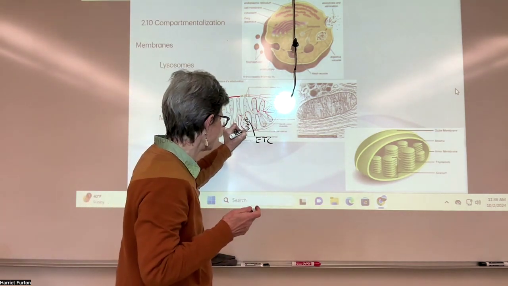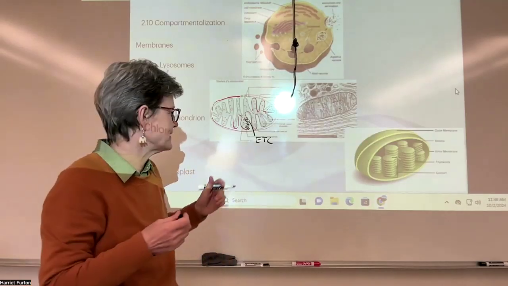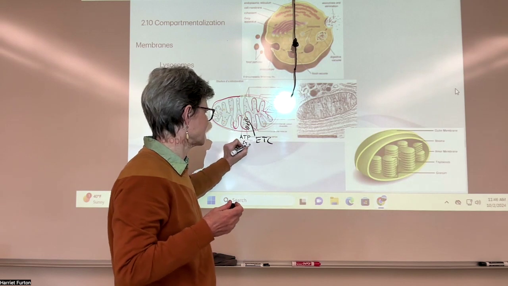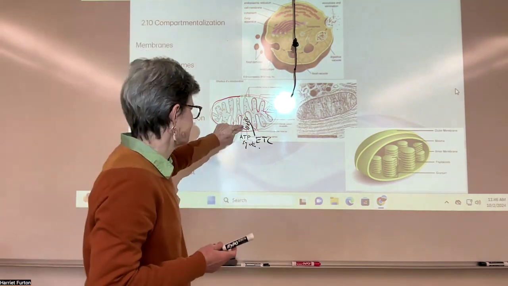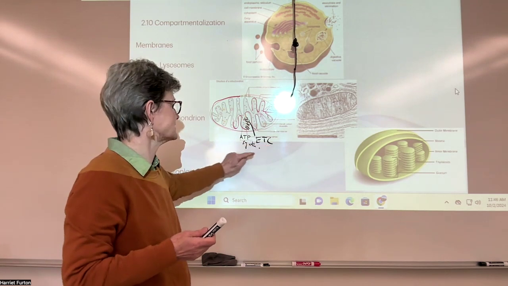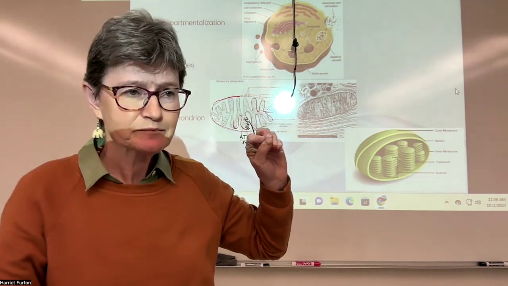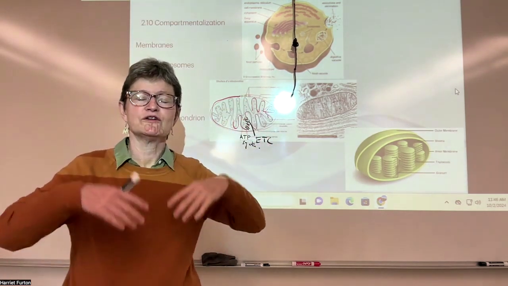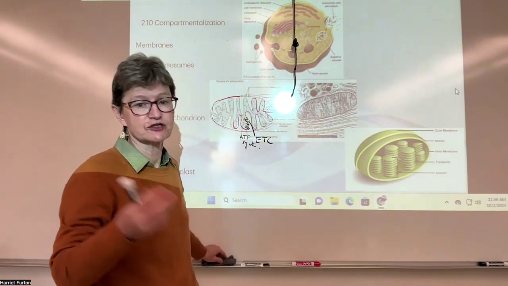And there is a membrane-embedded enzyme called ATP synthase. It makes ATP. So the bigger the surface area, the more ETC proteins and ATP synthase proteins can be embedded in the membrane, so the efficiency will be higher for the mitochondria to produce ATP.